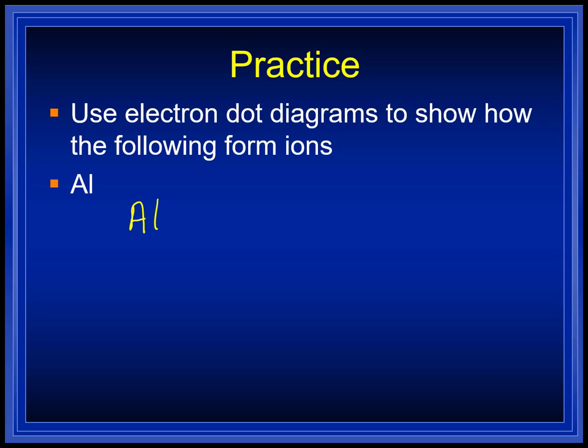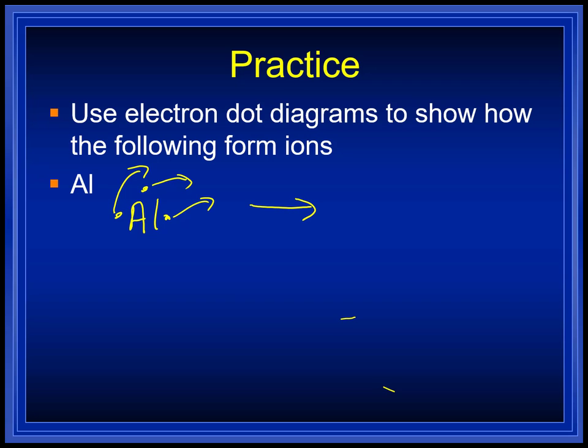So it gets 3 dots. So I have to decide, how is this going to end up looking like a noble gas? Well, is it a metal or a nonmetal? Is aluminum a metal or a nonmetal? It's a metal, and metals are losers. So those 3 electrons are going to come off.